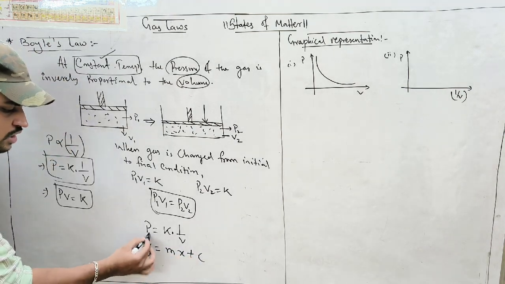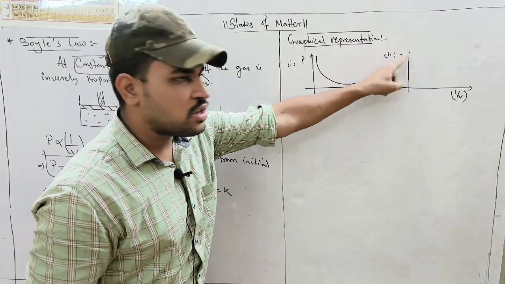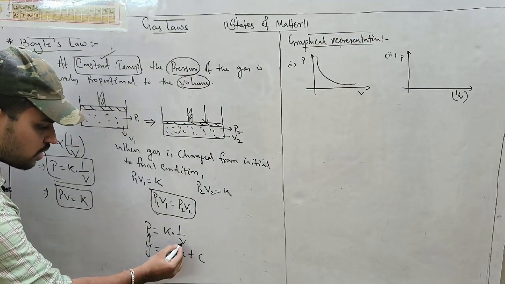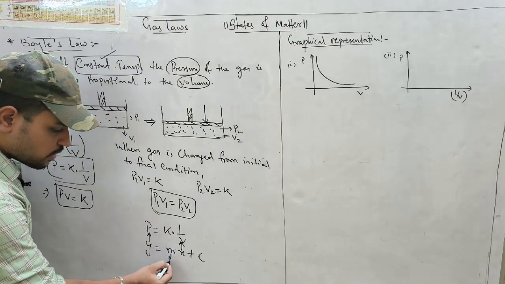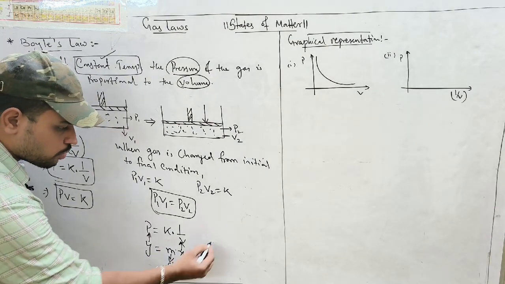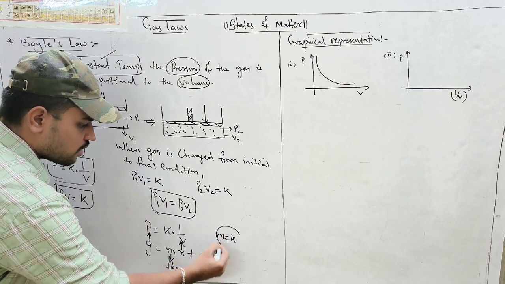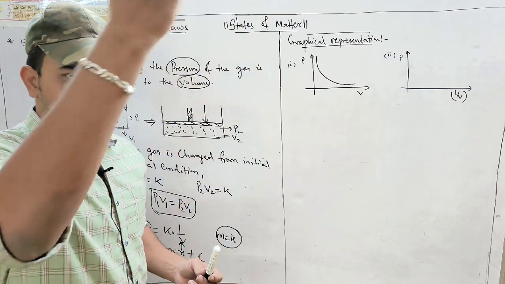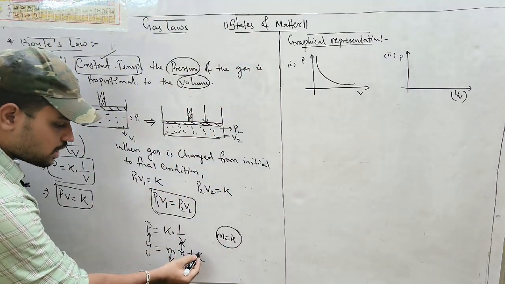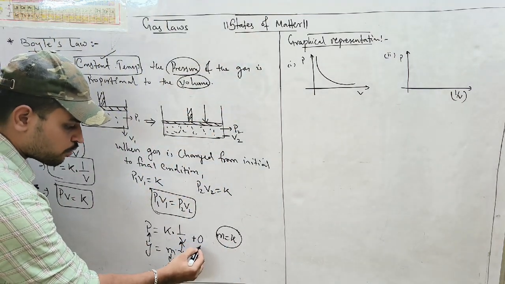On the y-axis, what is there? Pressure. On the x-axis, what is there? 1 by V. So what is m here? M is the slope, and that is K. That means some slope, so a straight line graph is there. In this case, what is the y-intercept? The y-intercept is 0.